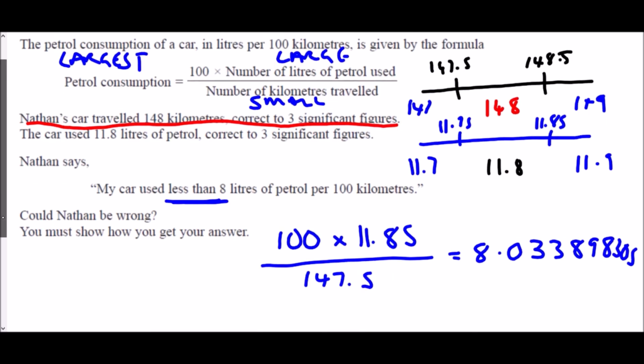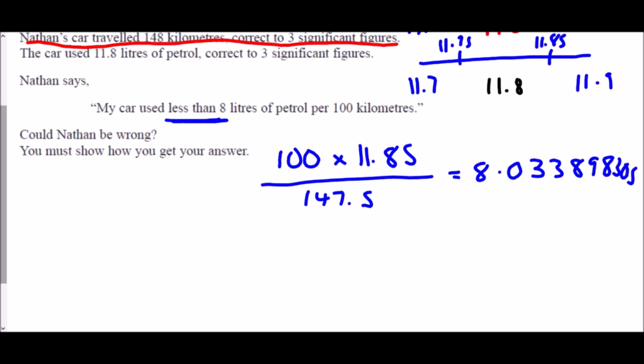Now, what does that tell us about the question? Well, Nathan said my car used less than 8, and we've been asked, could Nathan be wrong? And so we have come up with one situation where he certainly did use more than 8 litres of petrol, and therefore, yes, he could be wrong.